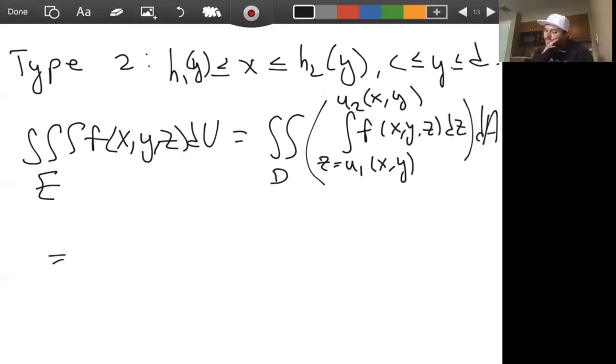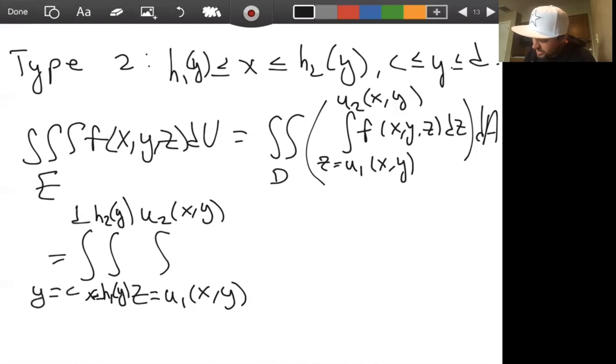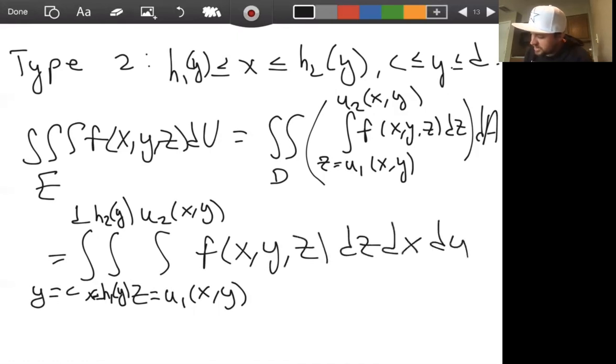Well, then if D is a region of type 2, then the integral becomes the integral z goes from u1 of x, y to u2 of x, y. x goes from h1 of y to h2 of y, and then y goes from c to d, and we're integrating the function f, and then the given order is dz, dx, dy.